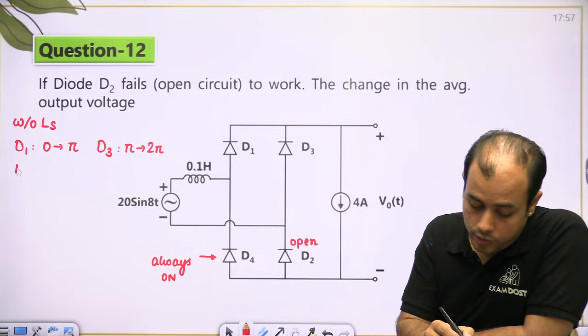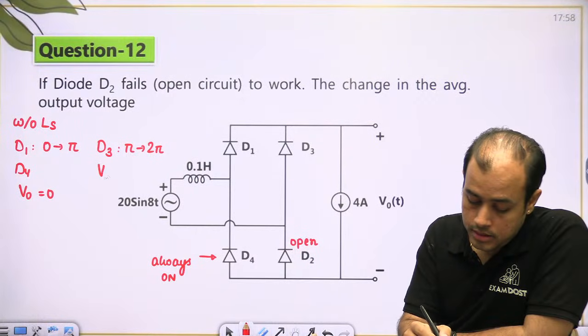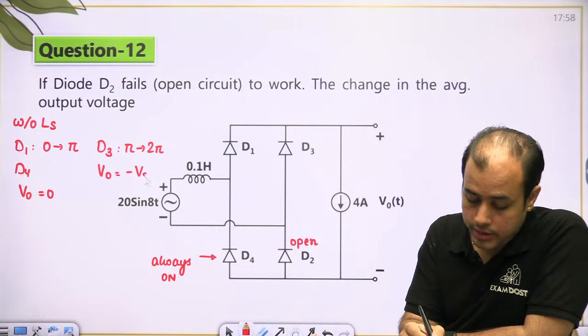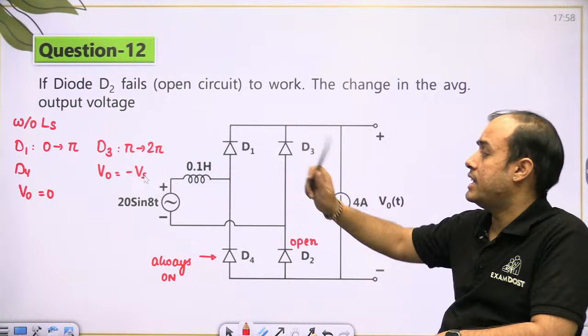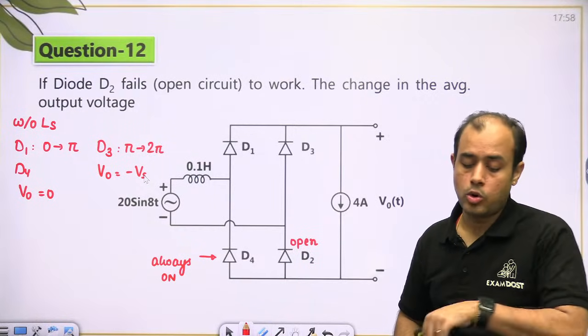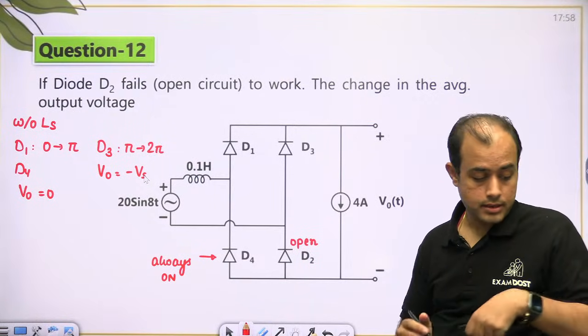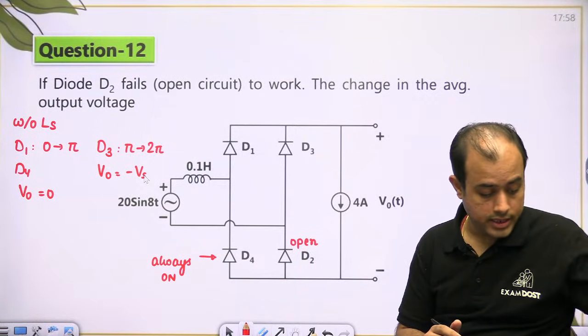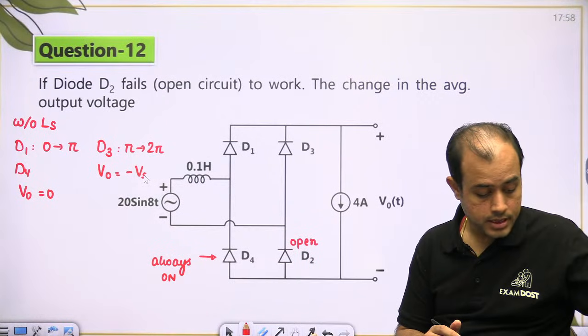When D1, D4 are on, V0 is 0, V0 will be minus Vs. But at pi beta, at pi and at 0 degree, there will be overlap. ठीक है, at 0 degree and pi, there will be overlap beta.